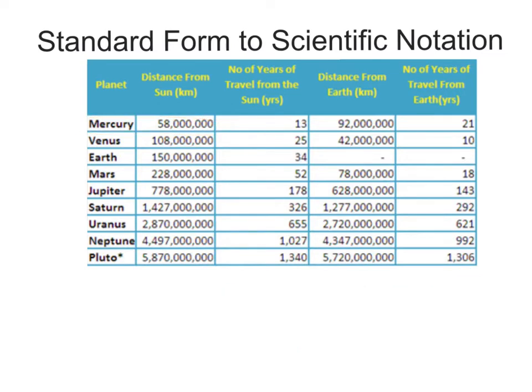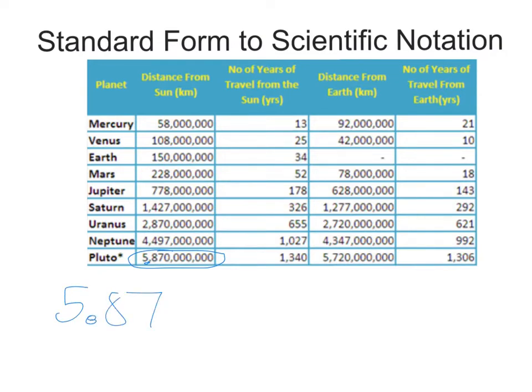Now let's say, for example, I want to write this number in scientific notation. I'm still going to start with a decimal that is greater than or equal to 1 but less than 10, which would be right here between the 5 and the 8. So I'm going to start with 5 decimal point 87.